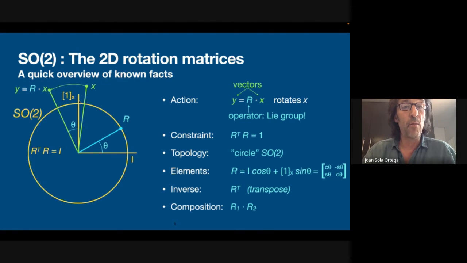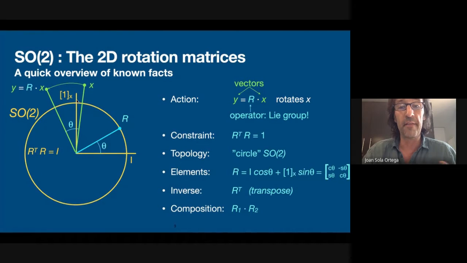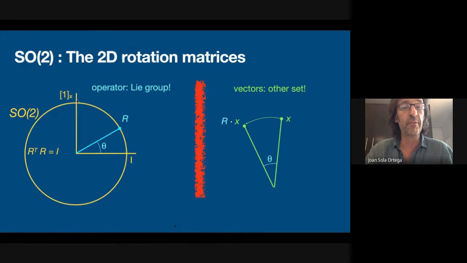If I were to use another group, which is the group of unit quaternions, some of you know that unit quaternions may be used to rotate vectors in 3D. Now I am obliged to separate what happens to the elements of the group, in this case a rotation matrix, and what happens to the elements that are transformed.